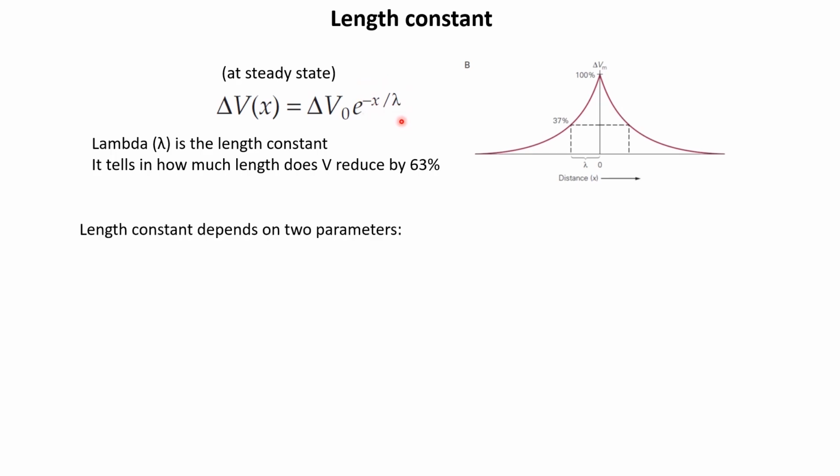Now let's see if we can figure out what parameters lambda would depend on. The time constant tau depended on the resistance and capacitance. Do you think lambda would depend on capacitance? Well, since we are looking at the steady state membrane potential, when we start injecting current, the membrane potential would rise gradually, and then a steady state value will be reached.